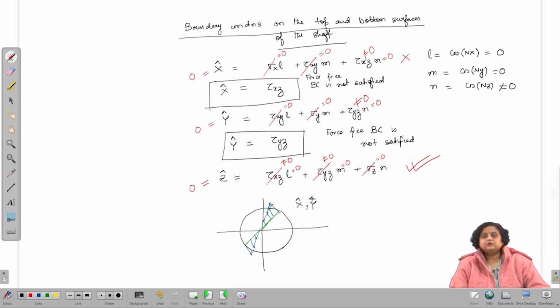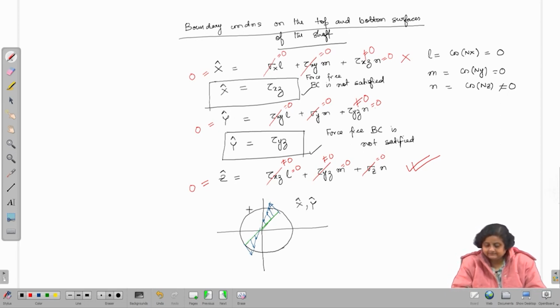The distribution of the externally applied force should be of this form, so that this condition and this condition are satisfied. Okay. But practically it is not possible.